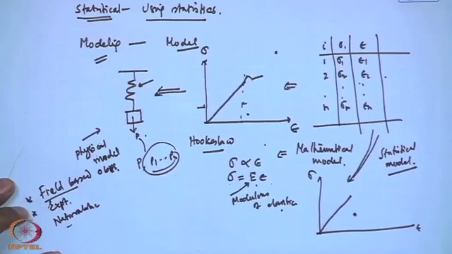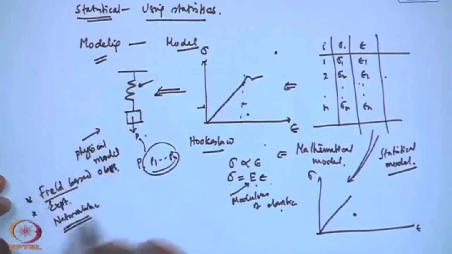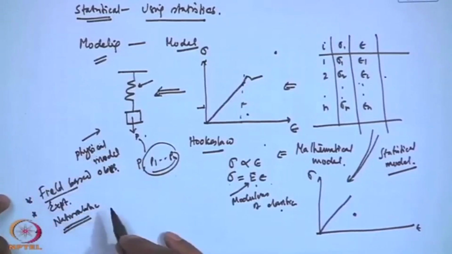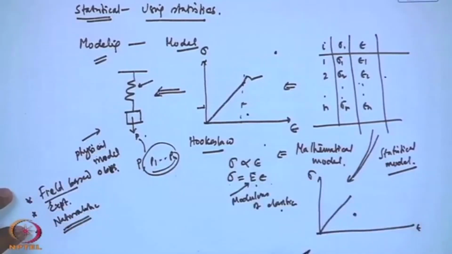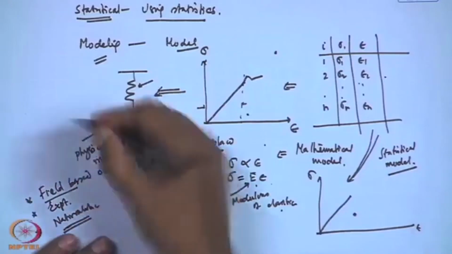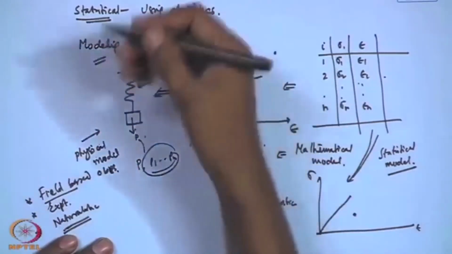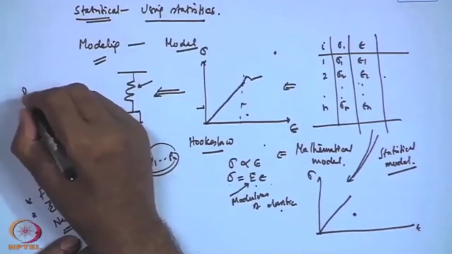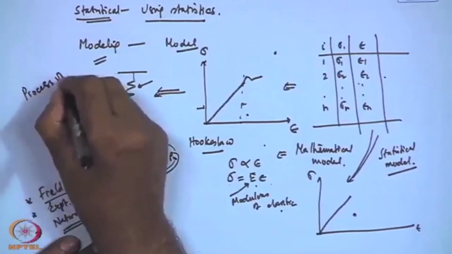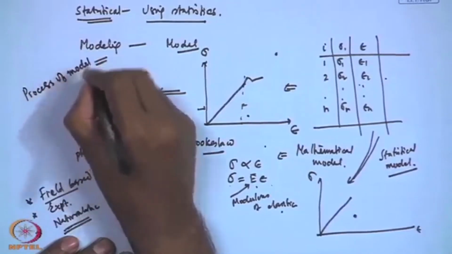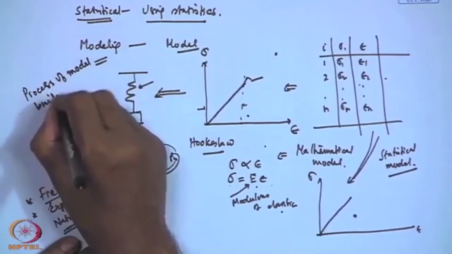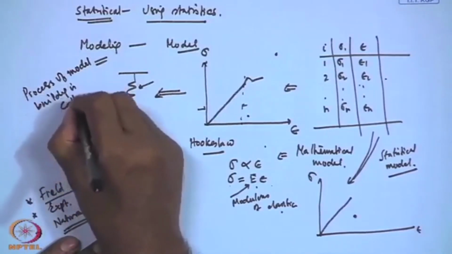All those types of data collection mechanisms come under empirical modeling, and you have to understand all those things. So there is this process, the process of modeling. The process of model building is called modeling.